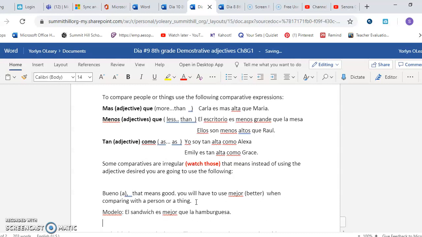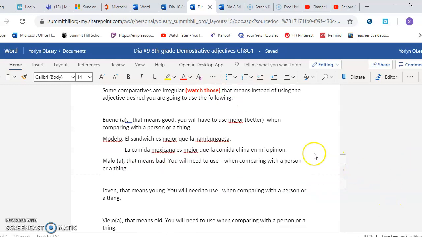Okay. Another one. La comida mexicana es mejor, better, que la comida china. And I'm going to say this, en mi opinión, en mi opinión. Okay? Once again, we don't say gooder. We say mejor.